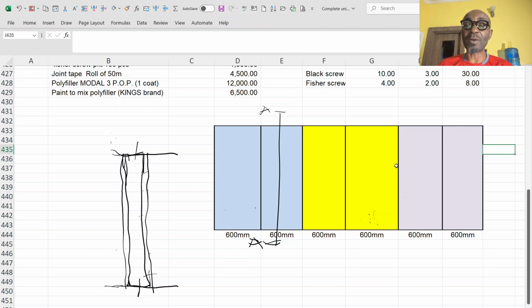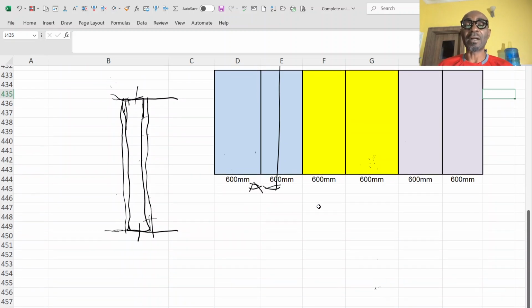Which means this area we are using as a reference of what we want to compute will take half of this profile and half of this profile. So if you add the half of this and half of this, it becomes 1. So 1 plus this other one makes up 2.